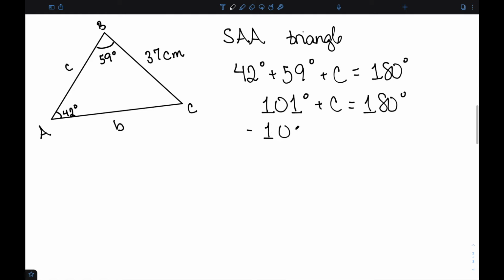And then I can subtract 101 degrees from both sides to get that C is equal to 79 degrees. So I have found my first piece of information. I found this angle. So now I have all three angles.